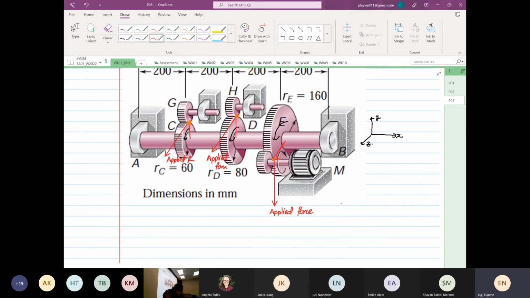Now, look at the gears at H and G. Then the resistance force will go in what direction? It will go in the opposite direction. So this is our resistance force.